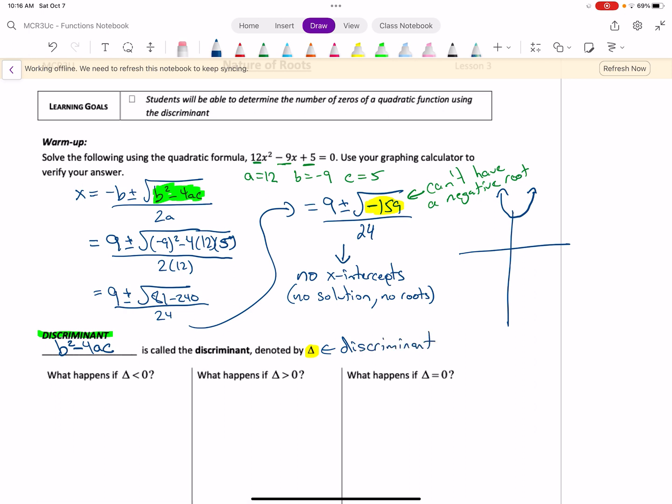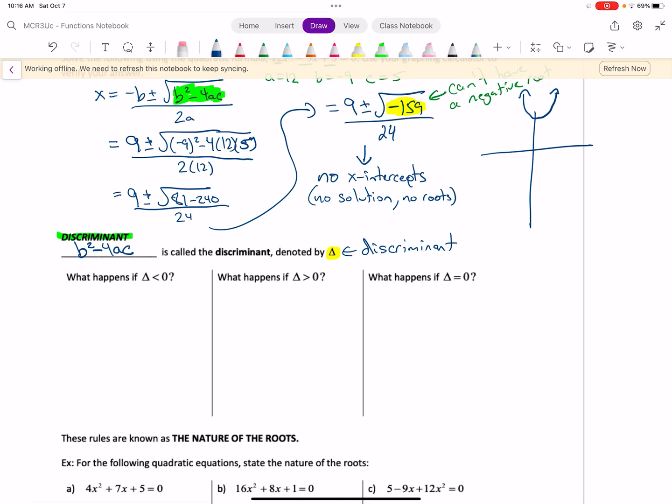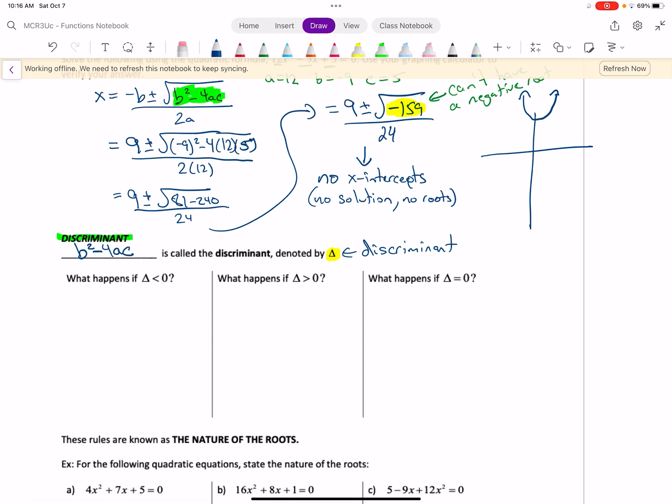You would have seen that probably in science. Remember, if you're talking about the change in something, you might have also seen it when you're talking about slope, the change in x and the change in y, when you're looking at the slope of a line. So there are a few things we can think about when we talk about b squared minus 4ac, and it's these three situations.